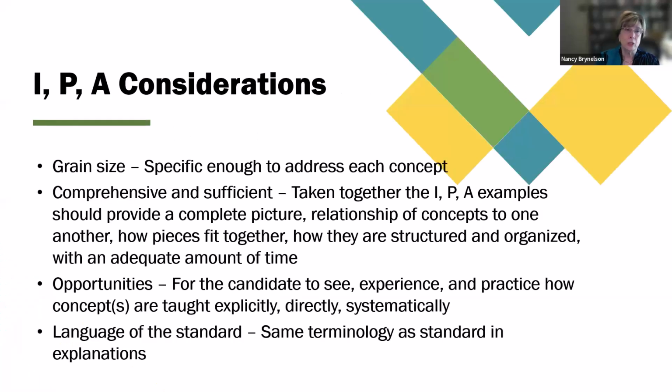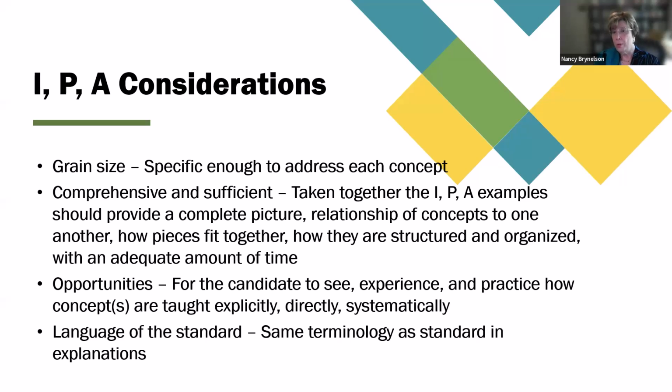So what are some considerations? Well, when you are completing this table, you need to attend to grain size. So this probably goes without saying, but what you present, either through links to specific places in your syllabus, to specific assignments, to readings, etc., need to be specific enough to address each concept, all 9 of those concepts in table 3.1.